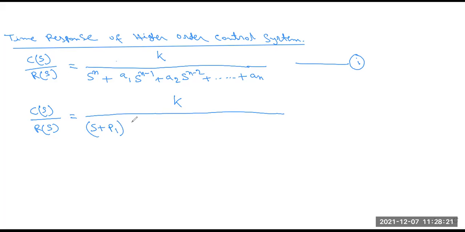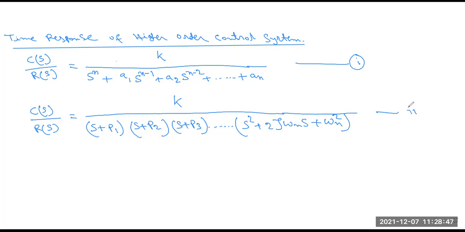(s plus p1), (s plus p2), (s plus p3), and so on in this pattern, then s square plus 2 zeta omega n s plus omega n square, where zeta is the damping.